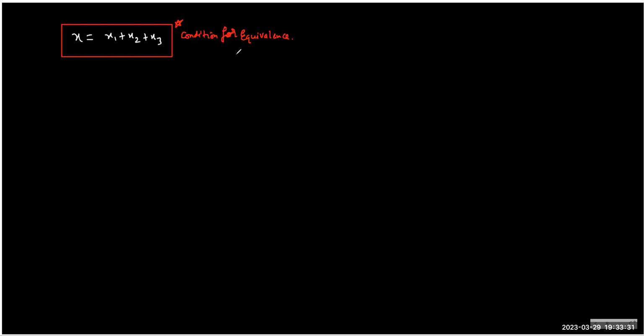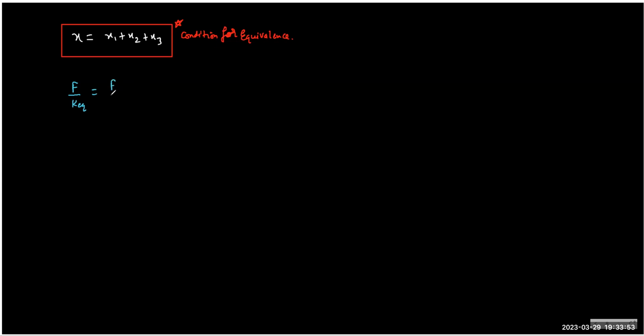Now, because none of these are known to me, what is known to me is the F and K relation. So the next step is to substitute. X can be replaced by F by K equivalent. What is X1?